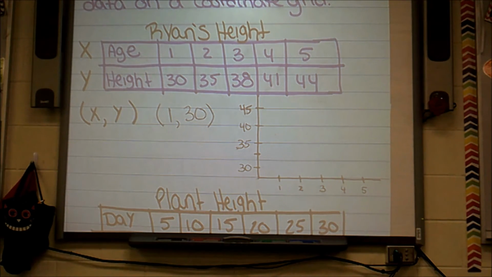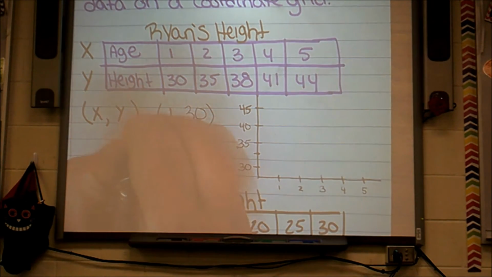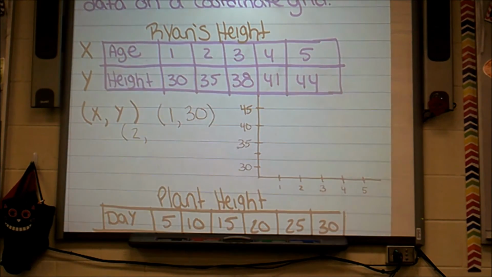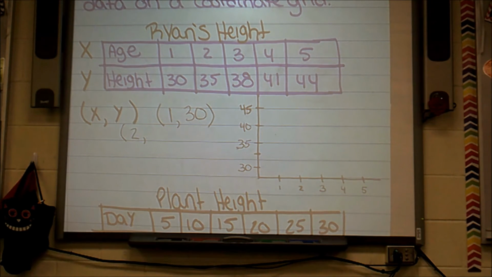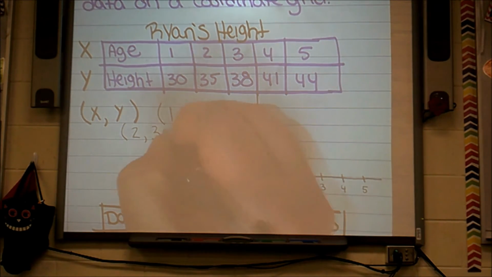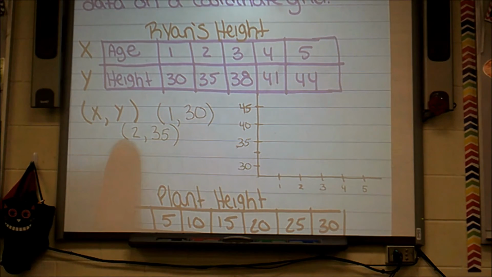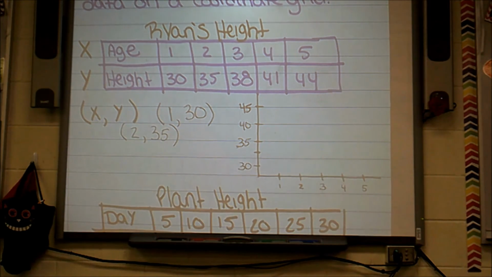My second coordinate is going to go with my 2. When Ryan is 2, he is 35 inches. So when this x occurs, this y occurs too. Because of the x, we have the y.